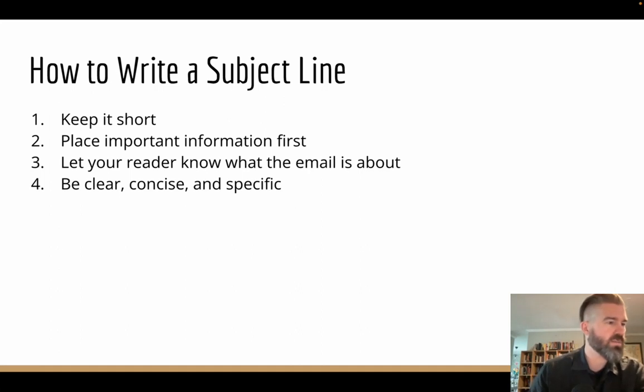Another really good way to think about a subject line is to think about it like the title of a news article, right? If the title of the news article says it's about one thing and the article is about something else, that doesn't work. If the title of the article is really long, most people aren't going to read it. You get the gist.